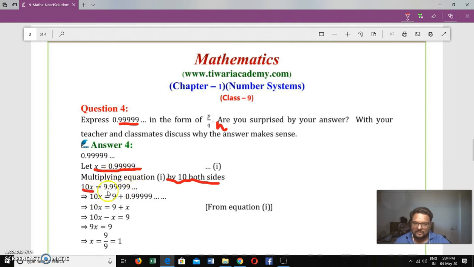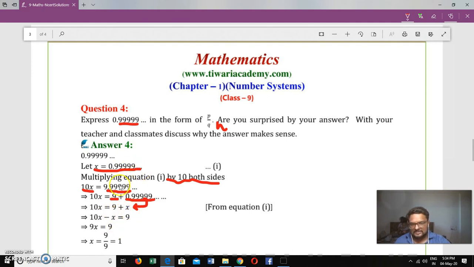Splitting this number as 9 plus 0.9999. In place of 0.999 we will write x, because we have already taken the value of x equals 0.99999.